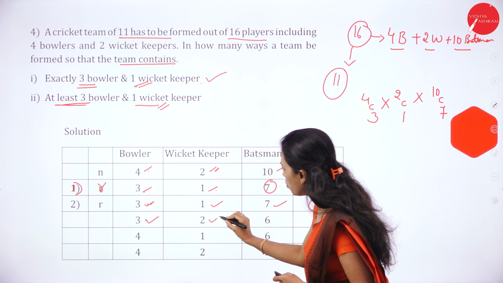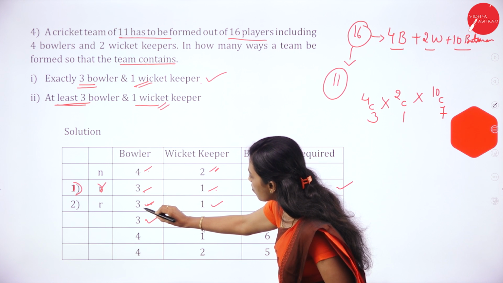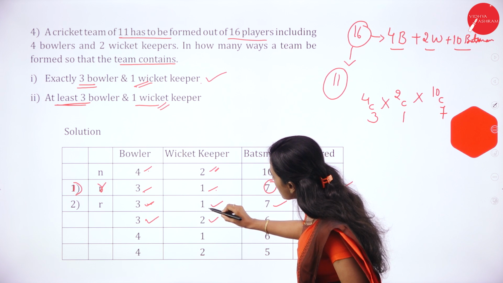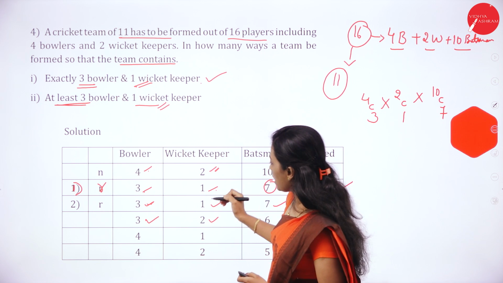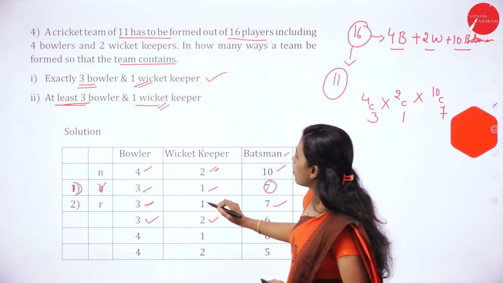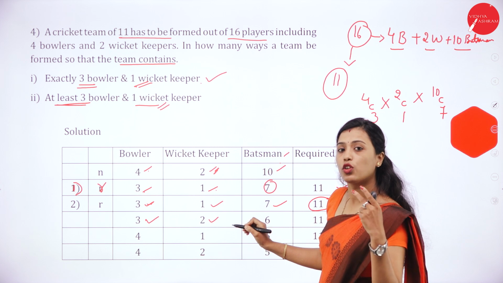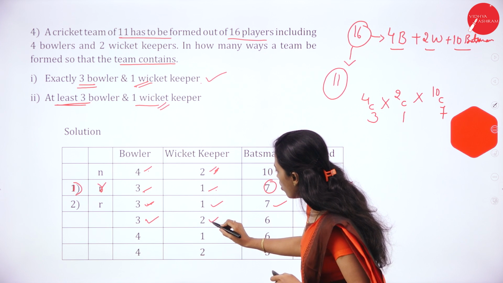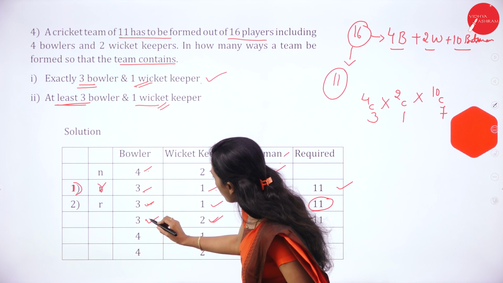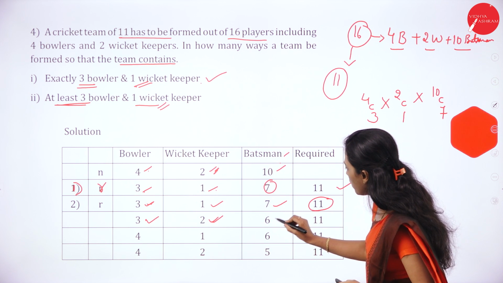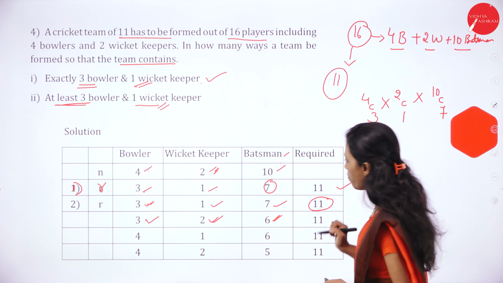So we can select 2 wicket keepers also. If we select 2 wicket keepers and 3 bowlers, the remaining will be 6, that is 11 minus 3 minus 2.